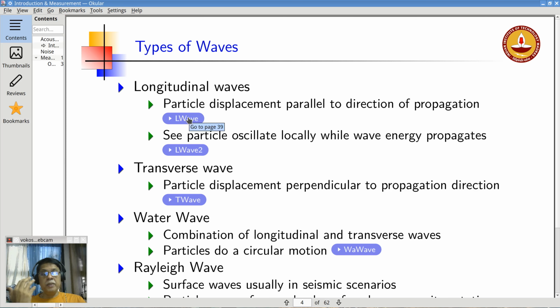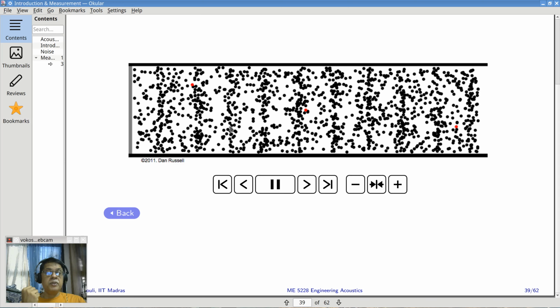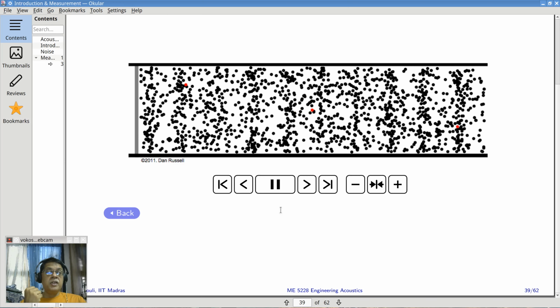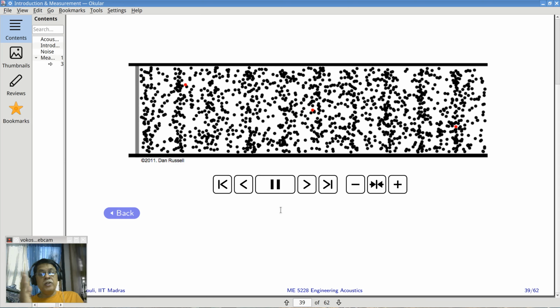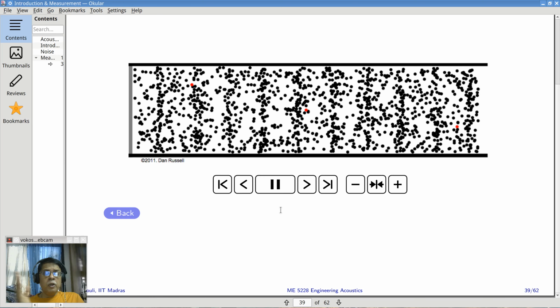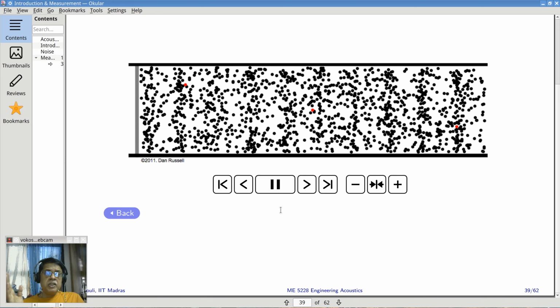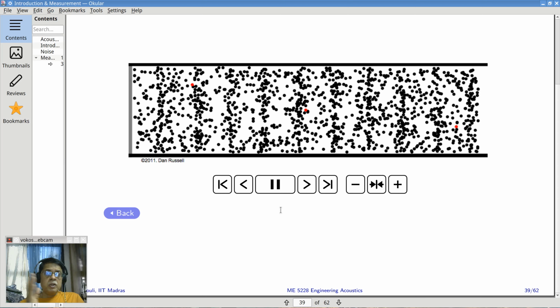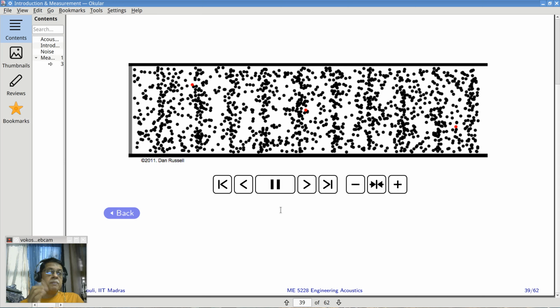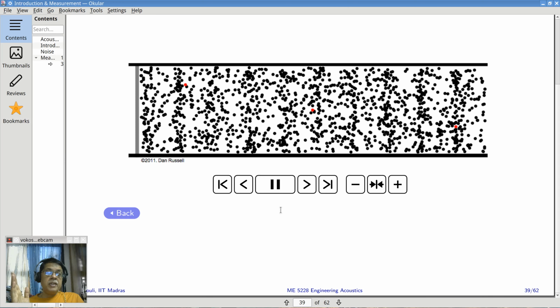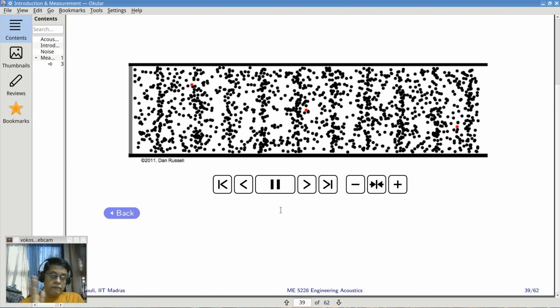So I will show you an animation here, from Dan Russell at Penn State University. You can see that on the left I have a piston, which you can think of as a speaker or your mouth. Because of the speaker diaphragm vibration, the particles in the medium are disturbed, and you can see that the wave is propagating.